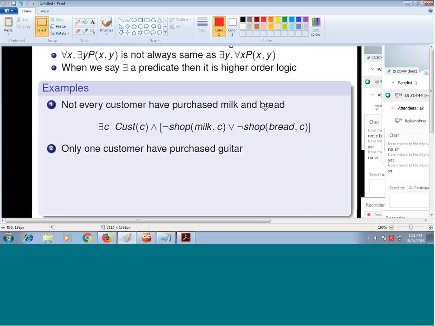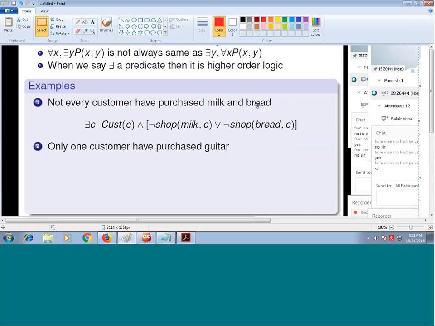So the next thing is: only one customer has purchased a guitar. How can you write this? Only one customer has purchased a guitar. At least you have to say that there exists a customer who purchased the guitar.